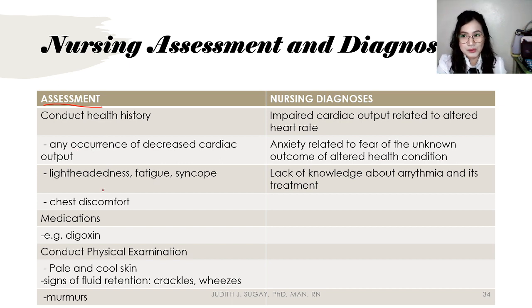One of the questions would be, you ask about any occurrence of decreased cardiac output, any experience of lightheadedness, easy fatigability or fatigue per se, syncope, chest discomfort, change in mental status as well.